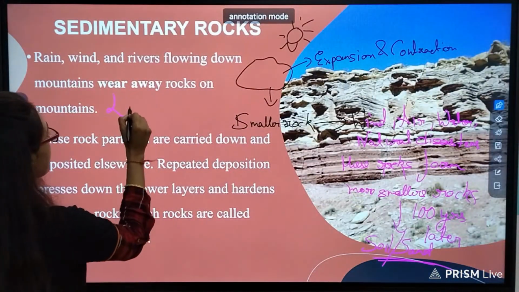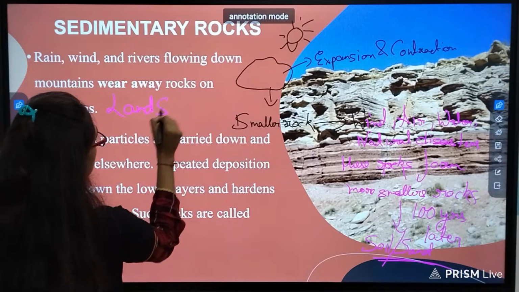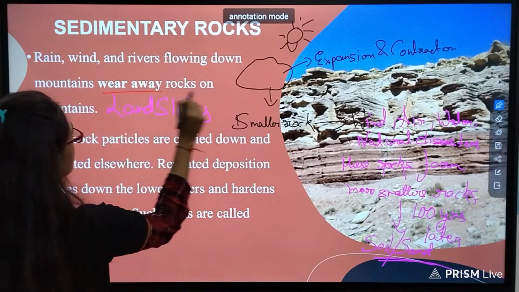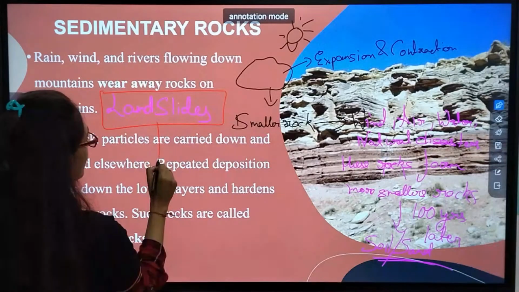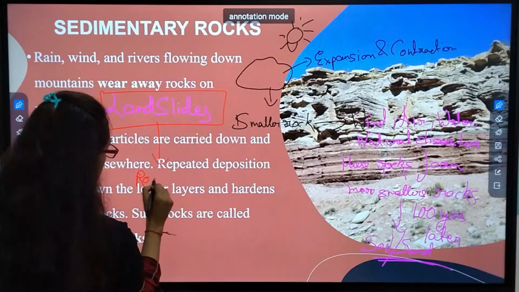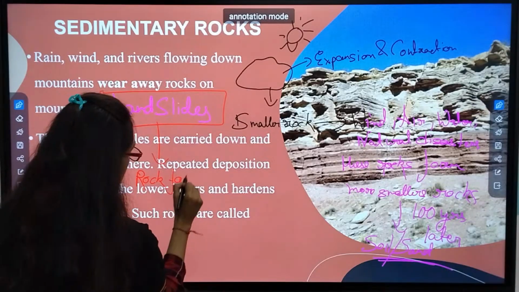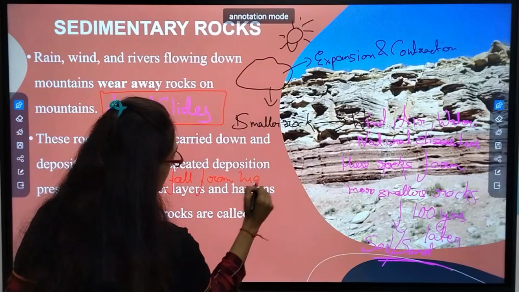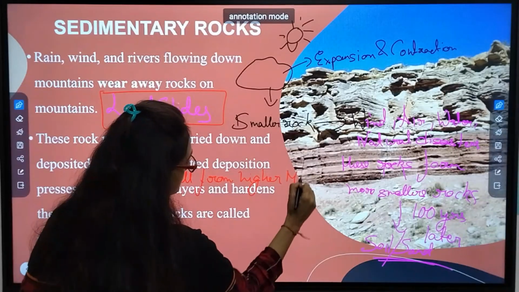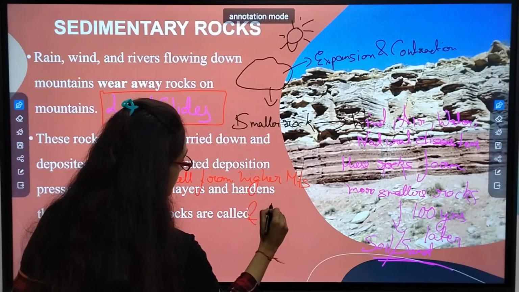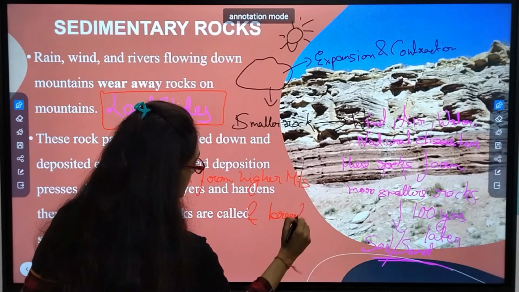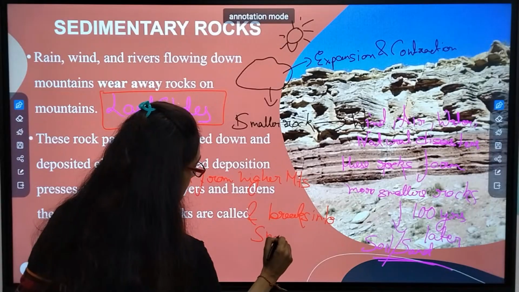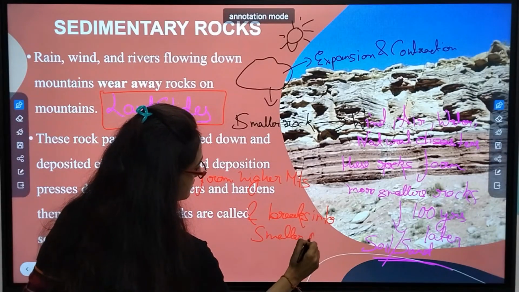Often you have heard about landslides, right? Due to landslide, what happens? Rocks fall from higher mountains and break into smaller particles.